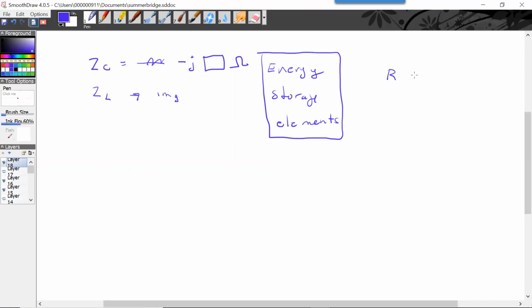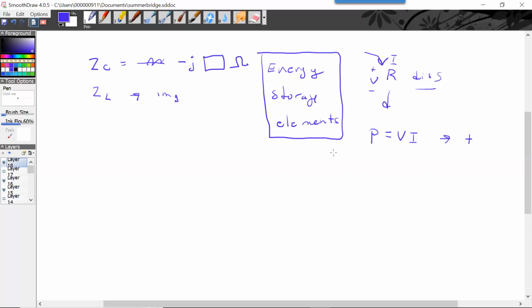Resistors dissipate energy, right? So if I flow current into a resistor and I have a voltage, you probably remember power equals VI, right? Which is giving me a positive number. That means I'm dissipating heat. Heat is coming out of there, right? And so that's a real thing.